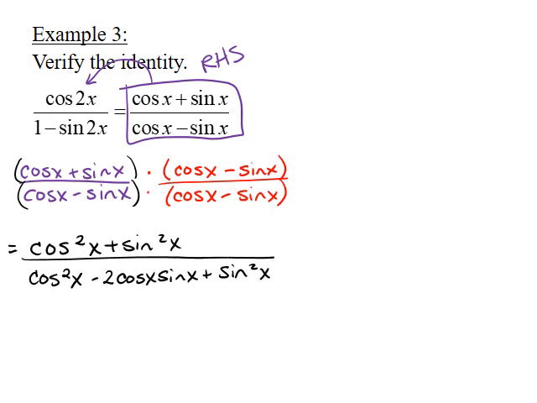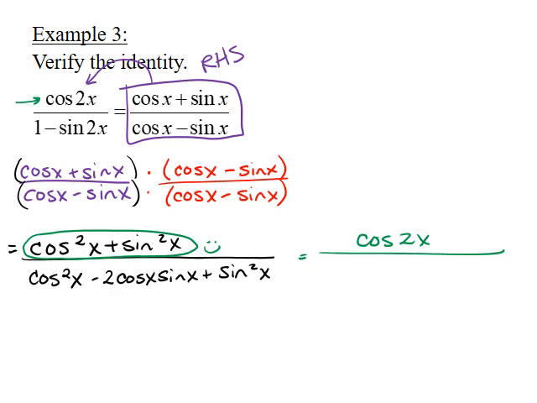All right, now from here, it's helpful to have a list of all the identities in front of you, because if you do, you might notice that cosine squared of x plus sine squared of x is in fact an identity. In fact, it is cosine of 2x, which is great because that's what we want in the numerator.